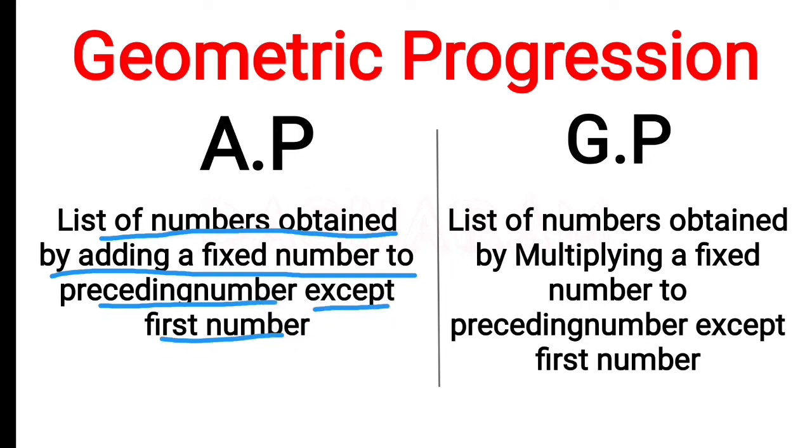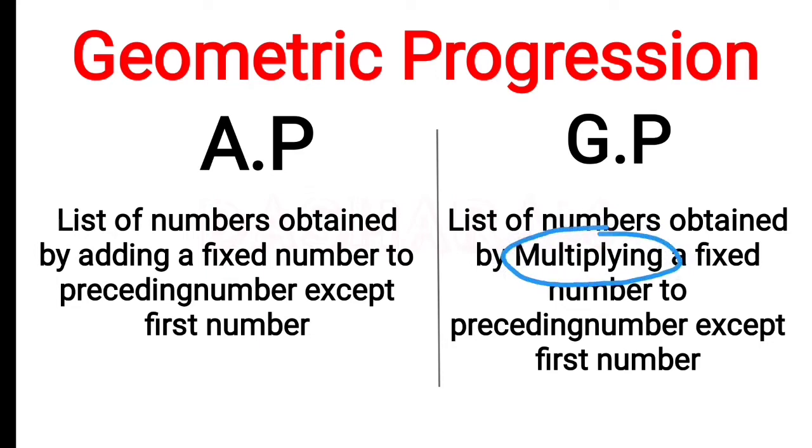This is the definition of AP. Then what is the definition of GP? The same: a list of numbers obtained by multiplying a fixed number to the preceding number, except the first number. So multiplying a fixed number is called GP, adding a fixed number is called AP.